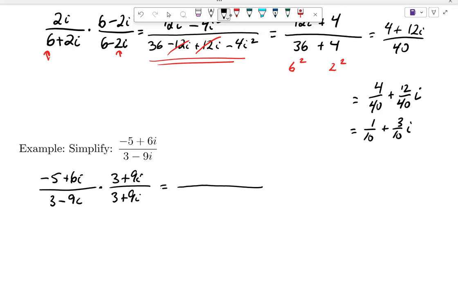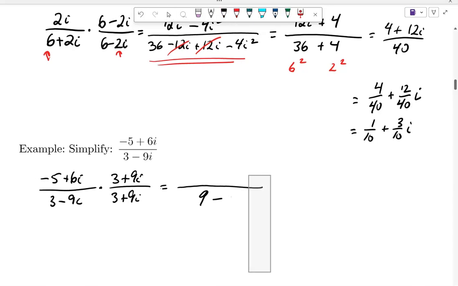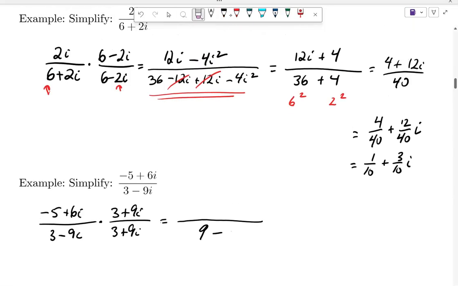But what I just told you a minute ago, what should you be getting in the denominator? 9 minus 81i squared, right? I can write today. I was having trouble in my last class too. Right? Remember, it squares this part and squares that part.